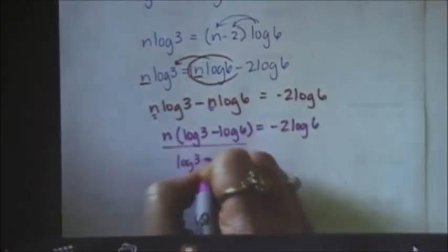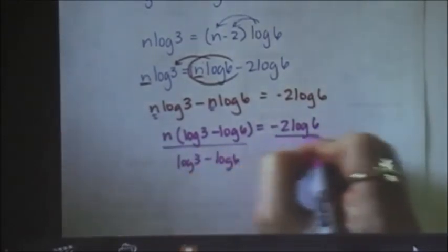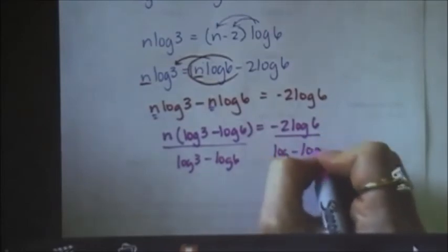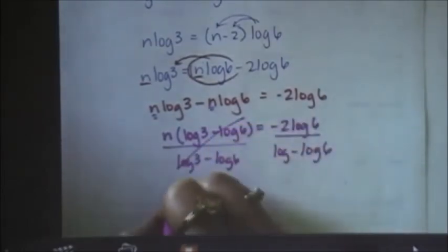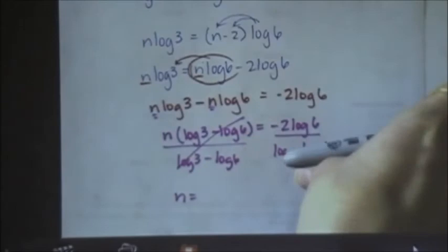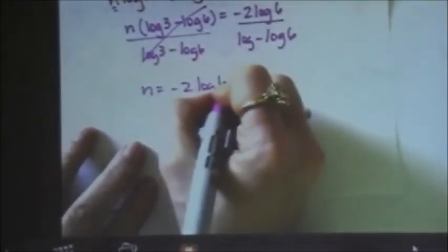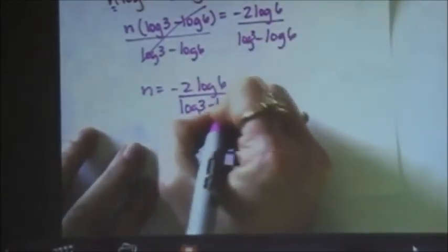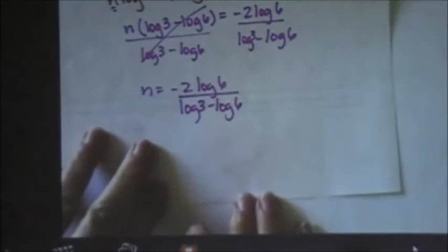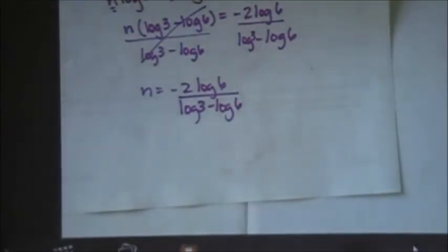Divide both sides by log 3 minus log 6. And that's your final answer. So I end up with n equals negative 2 log 6 over (log 3 minus log 6). That's my exact answer. They asked for a decimal approximation. You just plug that in your calculator.